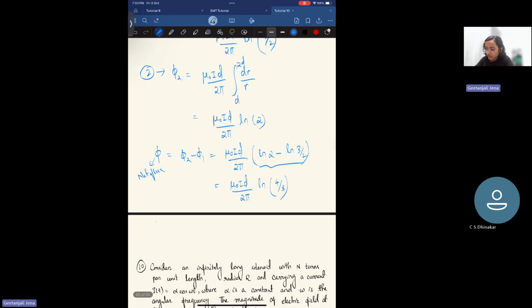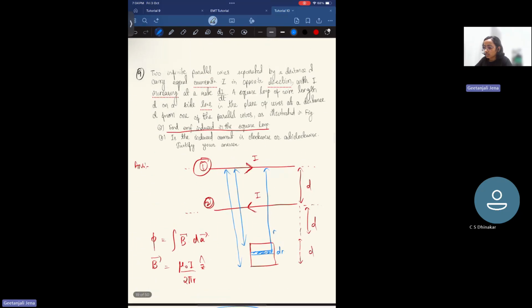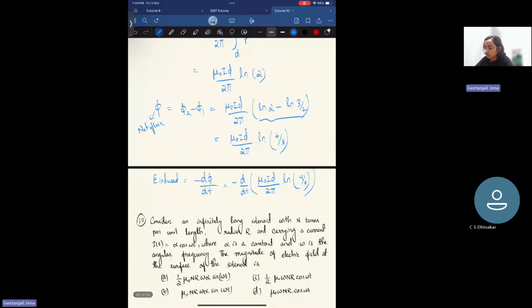So now the EMF induced will be minus d phi by dt. That means minus d by dt of mu naught I d by 2 pi ln 4 by 3. Other than the current, all these are constant. If you see the question also, it's given that the I is increasing at a rate di by dt. So I is changing.